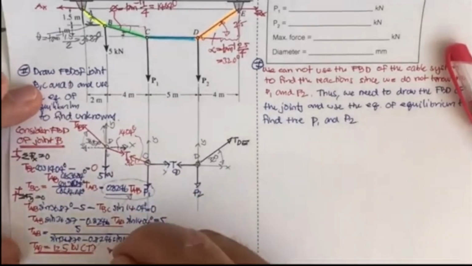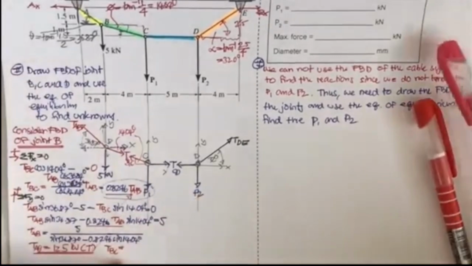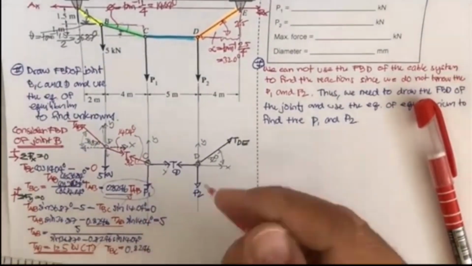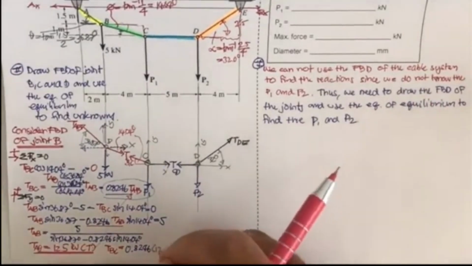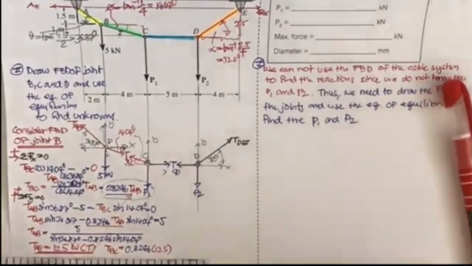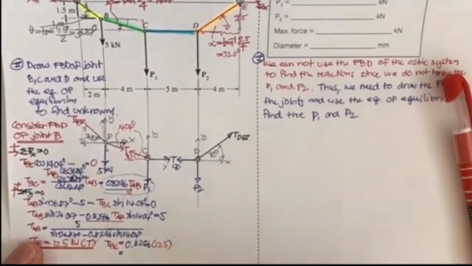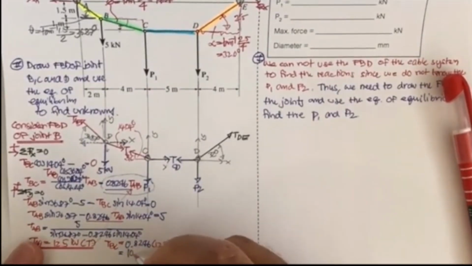You will also get T sub BC equal to 0.8246 times 12.5. So you get this T sub BC of 10.31 kilonewton, and it's also in tension.